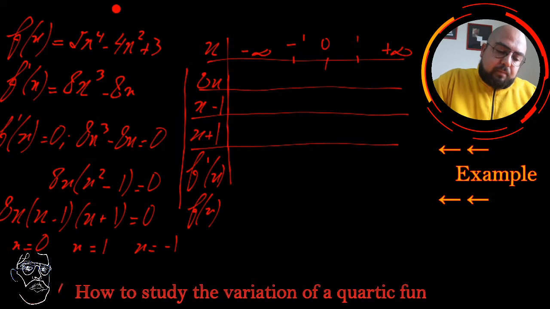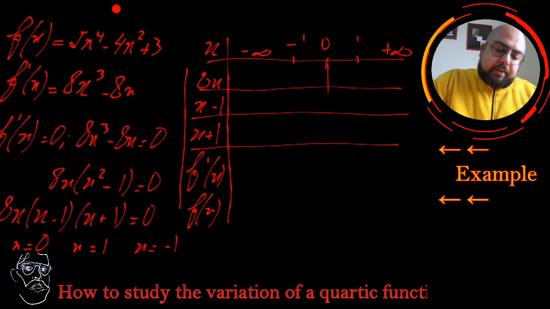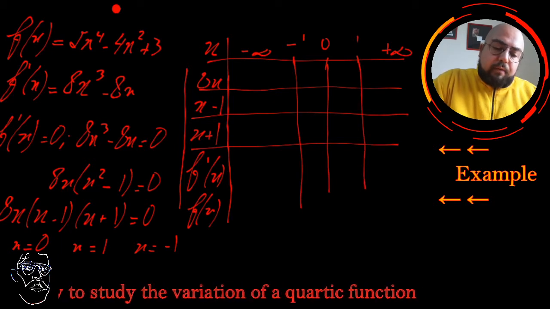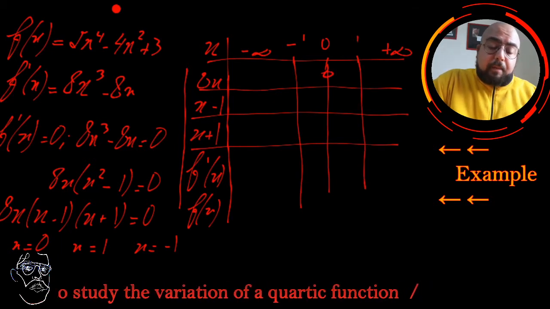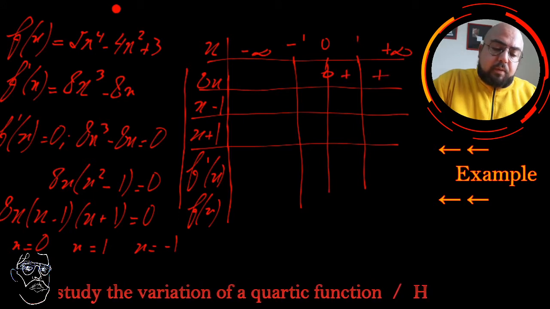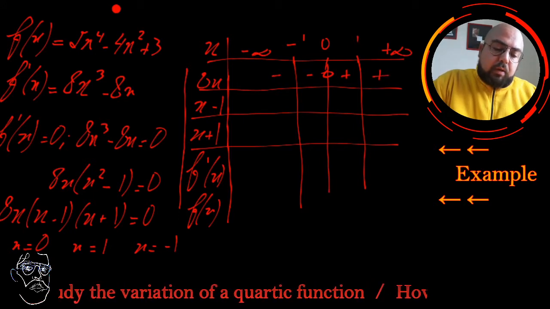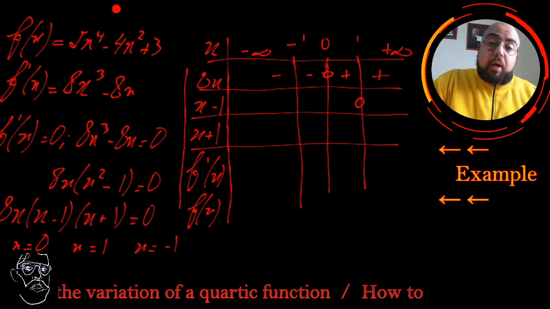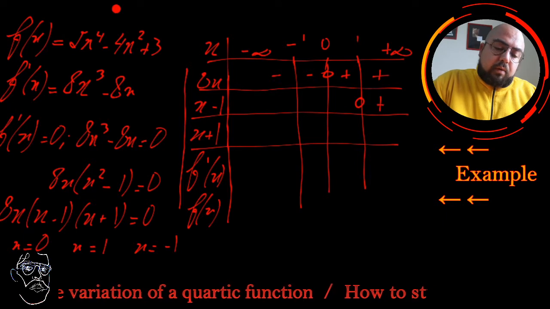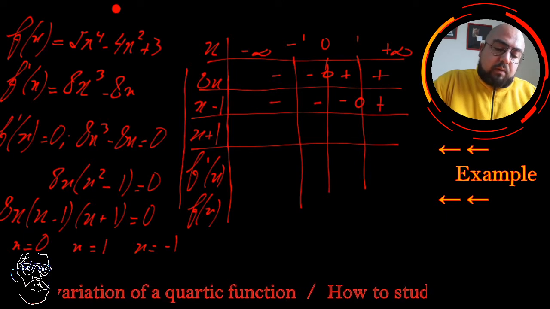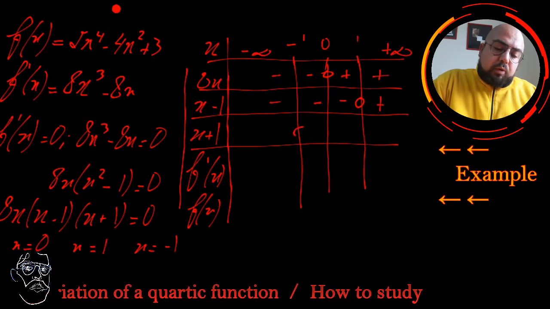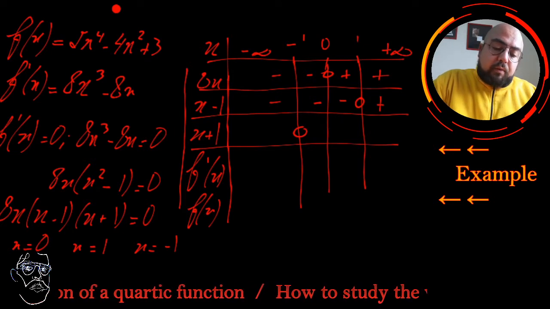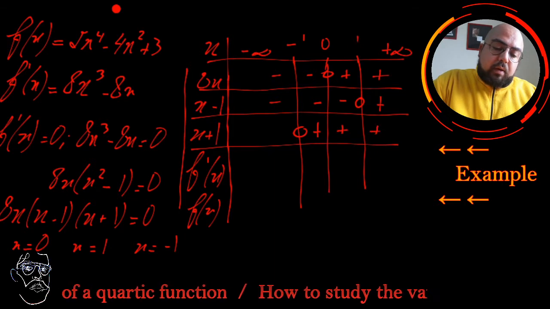So 8x will be equal to 0 for x is equal to 0. After that value it will be positive, and before that it will be negative. x minus 1 will be equal to 0 for x is equal to 1, positive on the right side, negative on the left. x plus 1 is equal to 0 for x is equal to minus 1, and then you will have positive on the right side, negative on the left side.